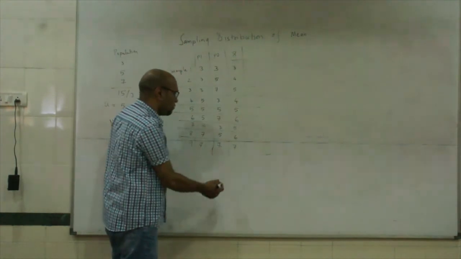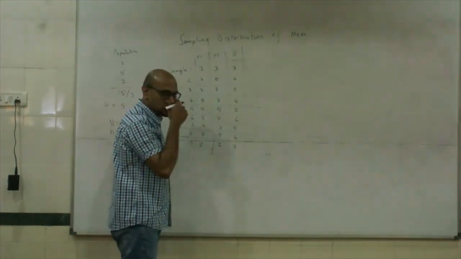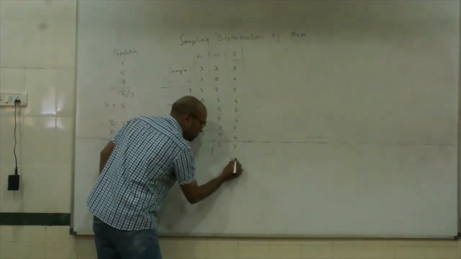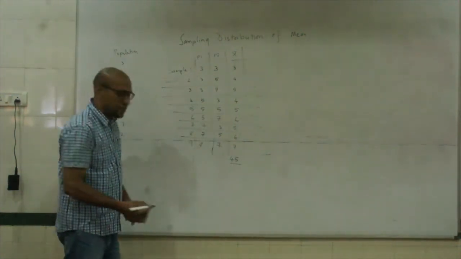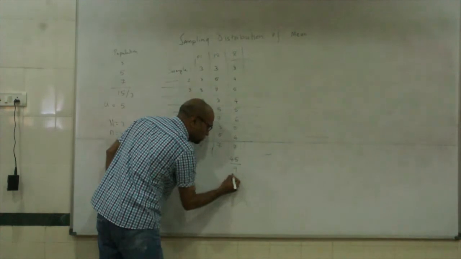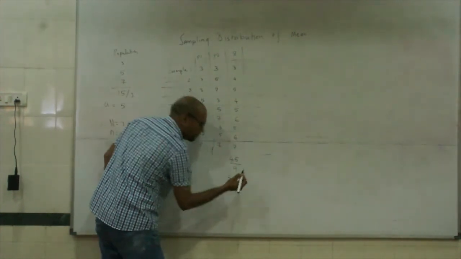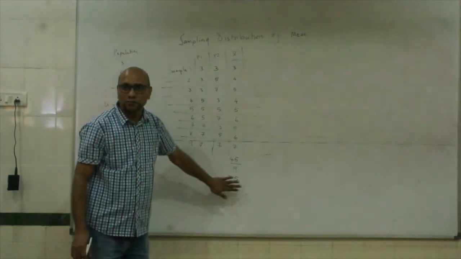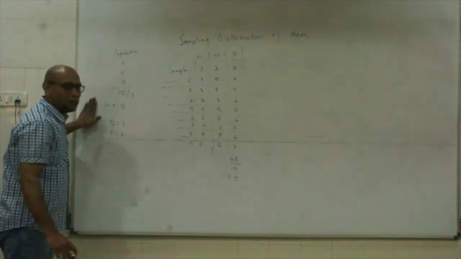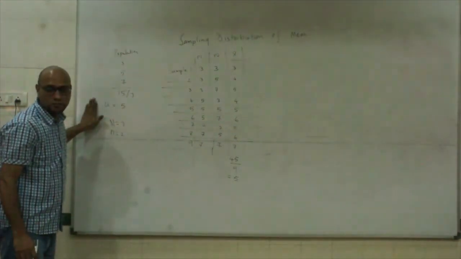45. 45, are you sure? Yes. Yeah. 45 divided by how many samples we have? 9. 45 divided by 9 is equal to 5. So the mean of all sample means is equal to the mean of the population.